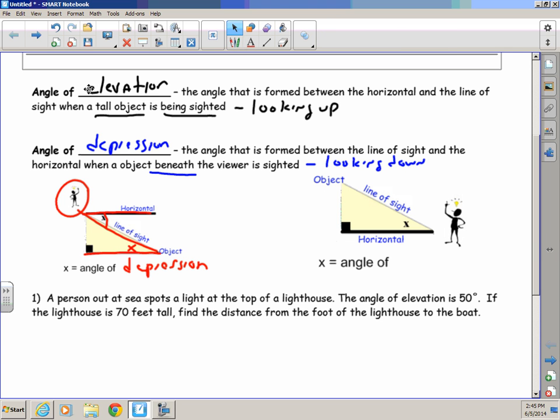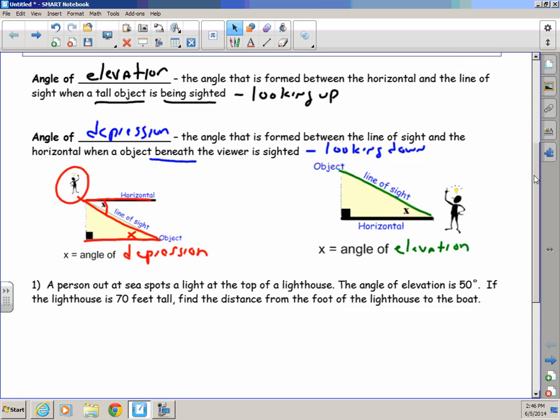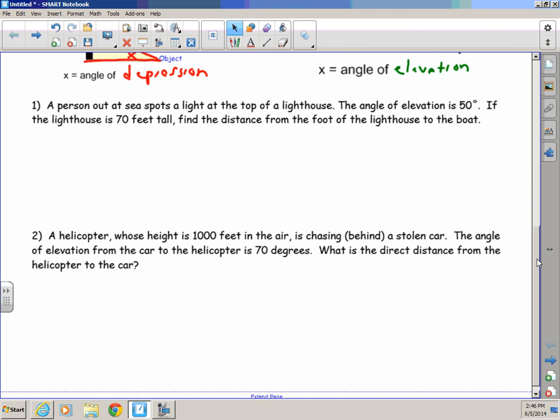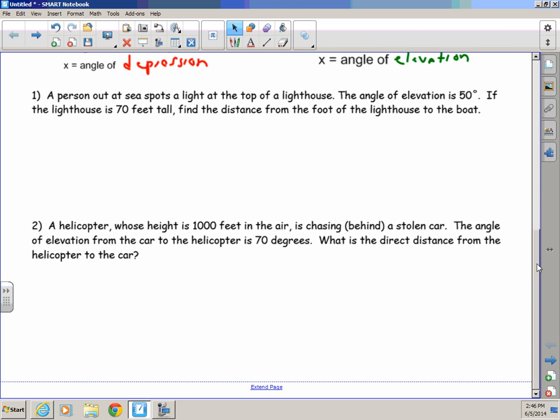Okay? In this one, your line of sight, you're looking up. This is your angle of elevation. You will notice that the angle of elevation and the angle of depression end up being the same number of degrees, even though they are located in different places. Okay? And when I get to an example, I'll give you a little bit more information on that.